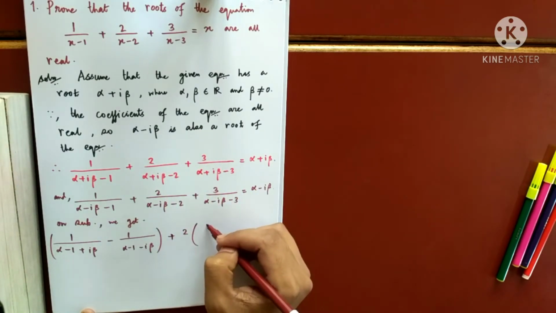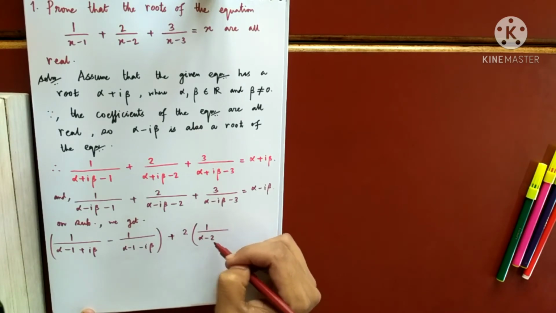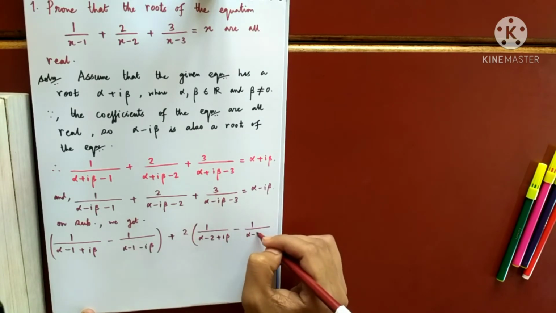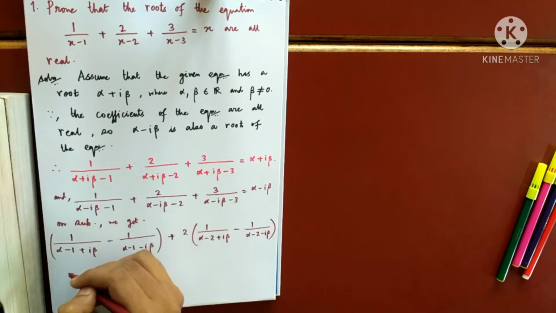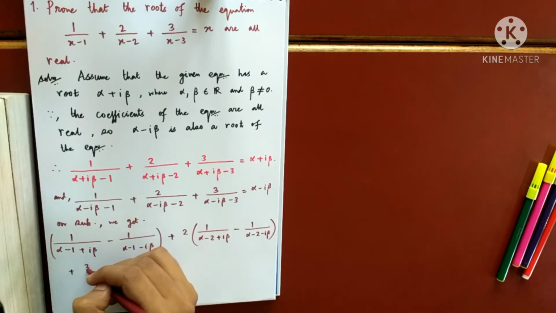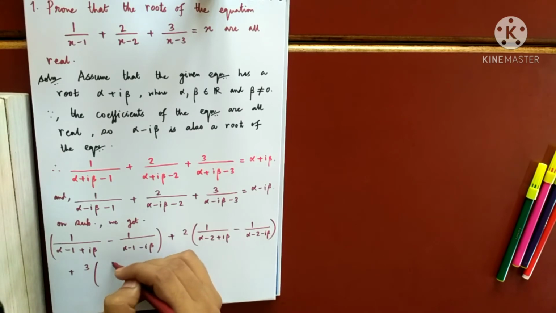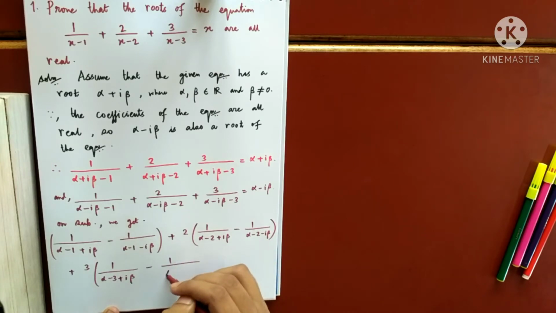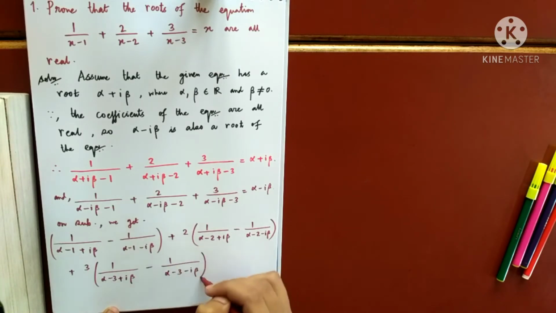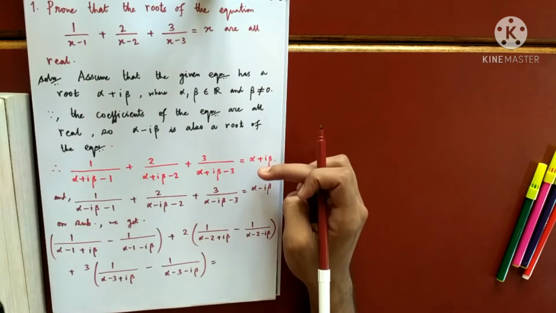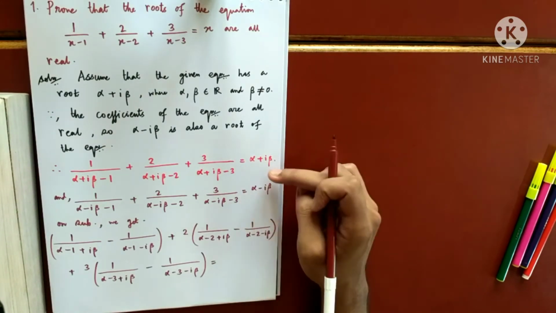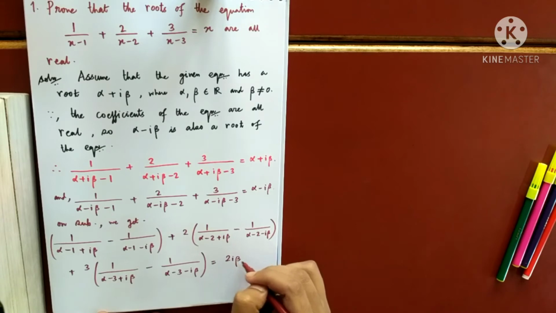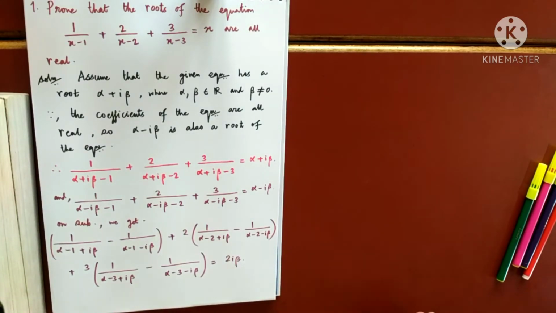In the similar manner, 1 by alpha minus 2 plus I beta minus 1 by alpha minus 2 minus I beta, plus 3 times 1 by alpha minus 3 plus I beta minus 1 by alpha minus 3 minus I beta equals, now if I am subtracting this, alpha and alpha are getting cancelled, and this will become 2I beta. If you have any confusion up to here, feel free to ask.